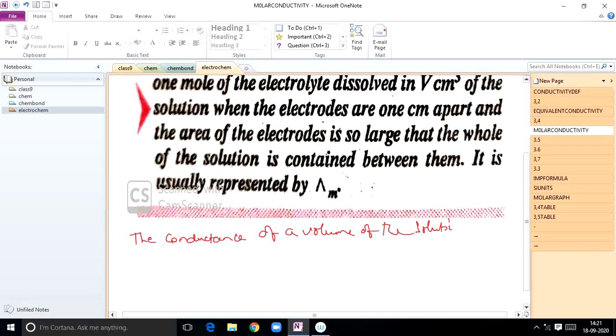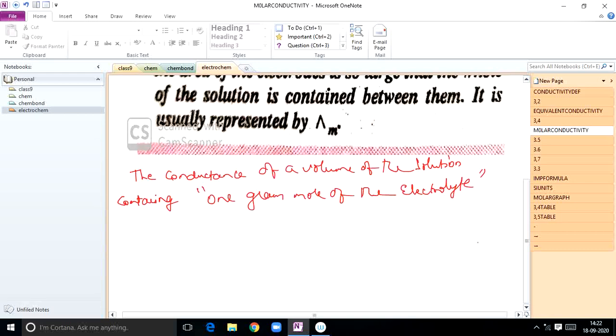the conductance of the volume of the solution containing, and this is important, 1 gram mole of the electrolyte.